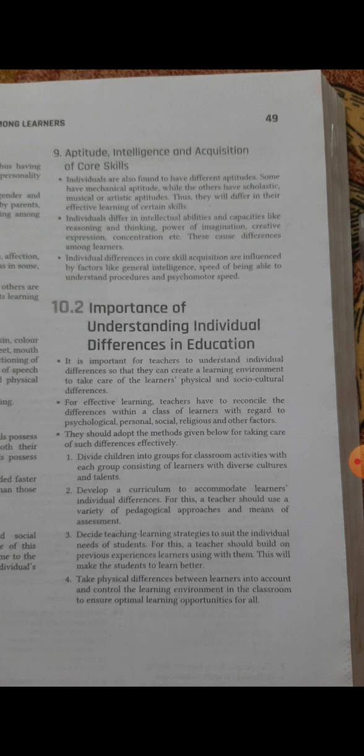Some have mechanical aptitude while the others have scholastic, musical, or artistic aptitude. Thus, they will differ in their effective learning of certain skill. Individuals differ in intellectual abilities and capacities like reasoning and thinking, power of imagination, creative expression, concentration, etc. These cause difference among learners.